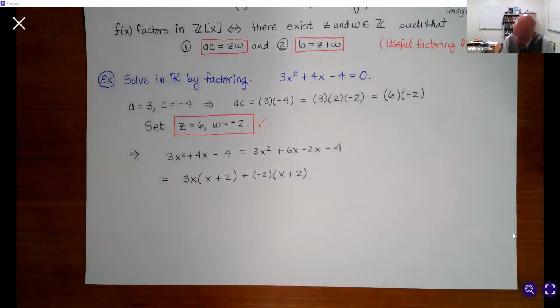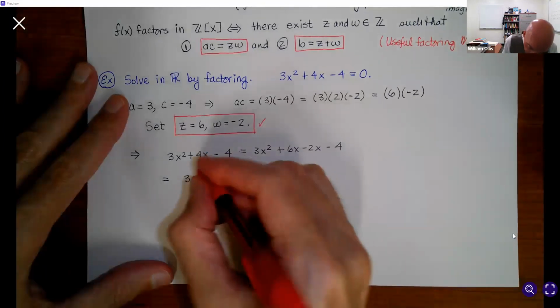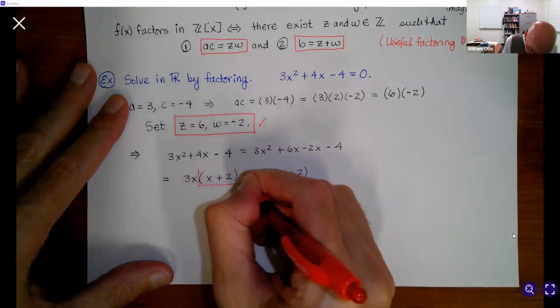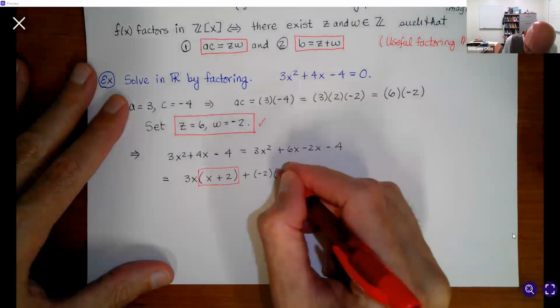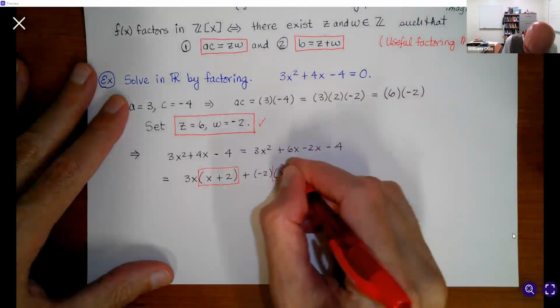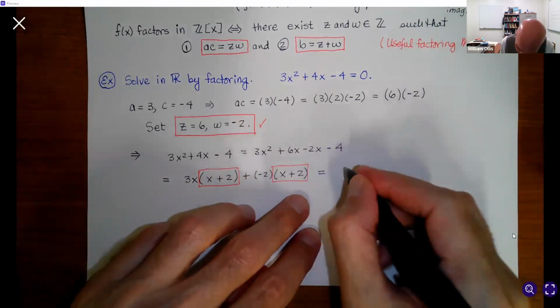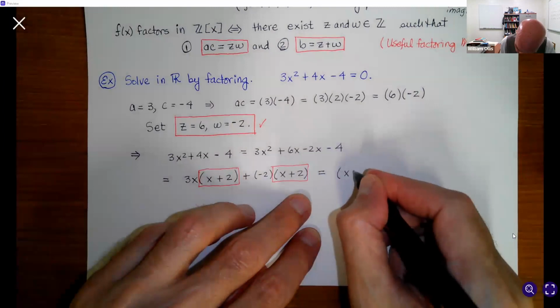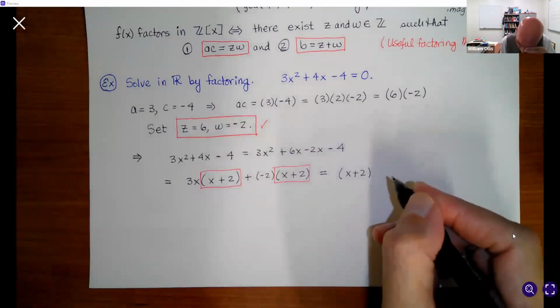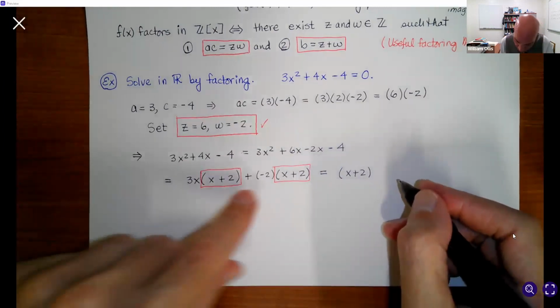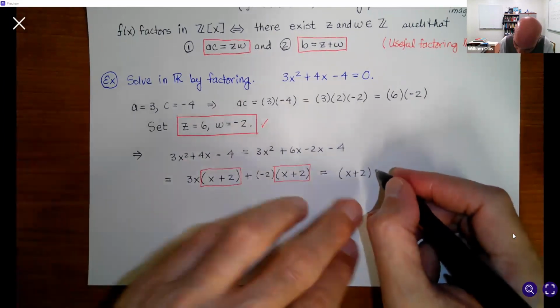Now, the whole reason that this works is that we've got the common factor here. And so we can now factor that. So this is called factoring by grouping. So x plus 2 times what remains, 3x minus 2.